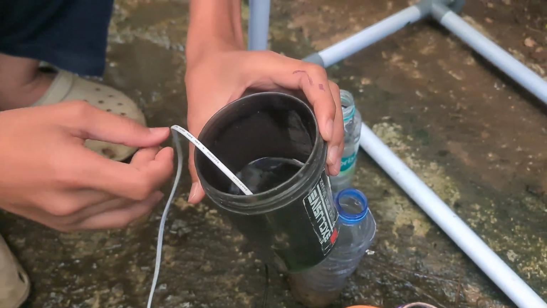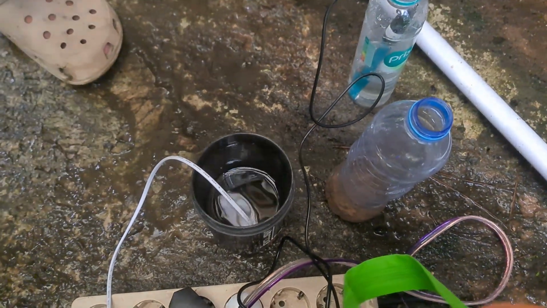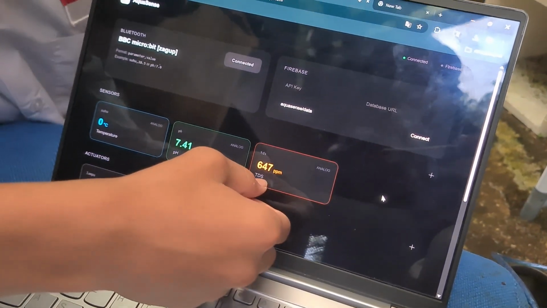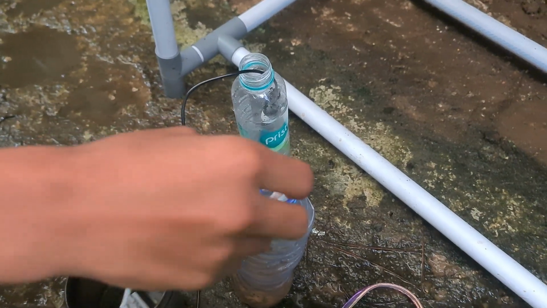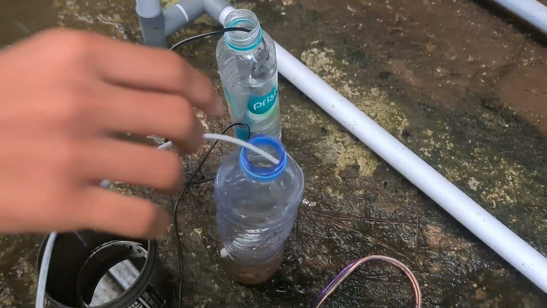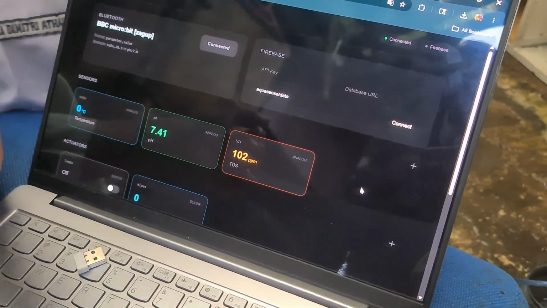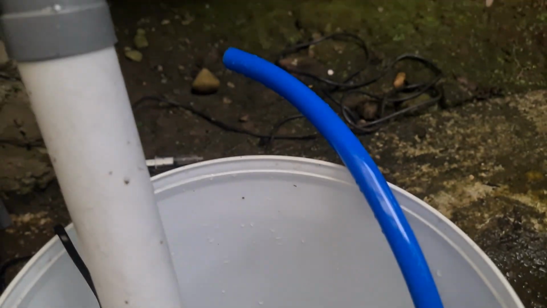If we put it in and the TDS detects higher than 150, you can see here the TDS is 600. But if I put the sensor in dirty water, the TDS is 100. So the pump will directly turn on.